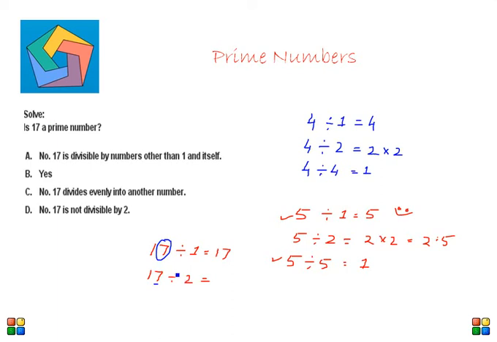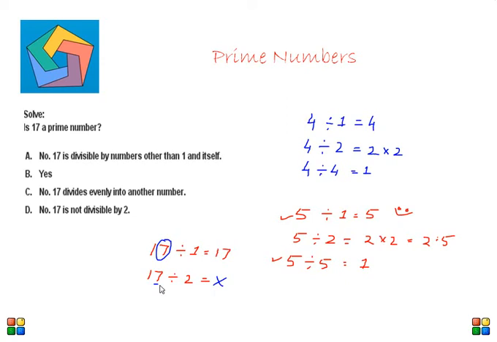So we can say this is not an even number, and it will not be divisible by 2. It will be in decimals, and we know that a prime number is a whole number that is evenly divided by only 2 numbers, 1 and the number itself.